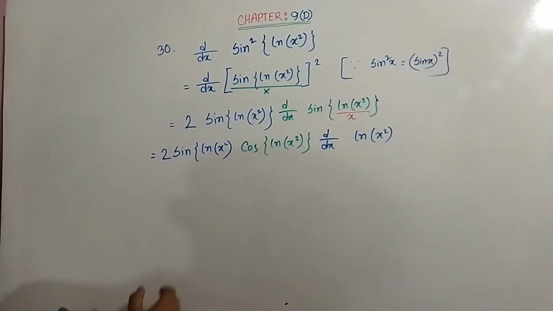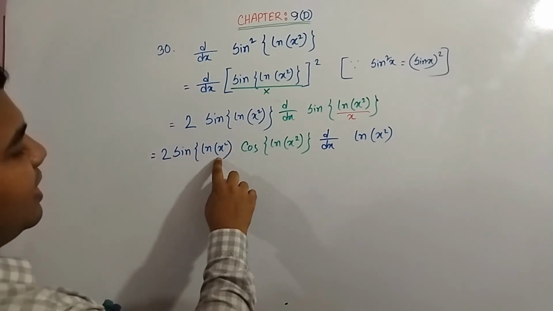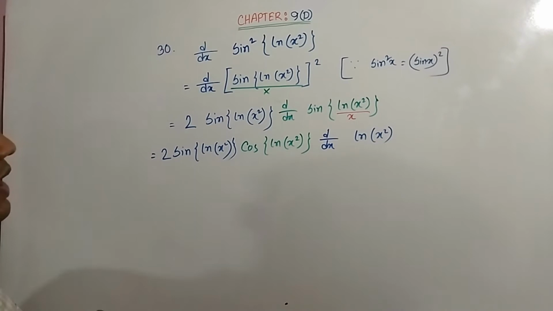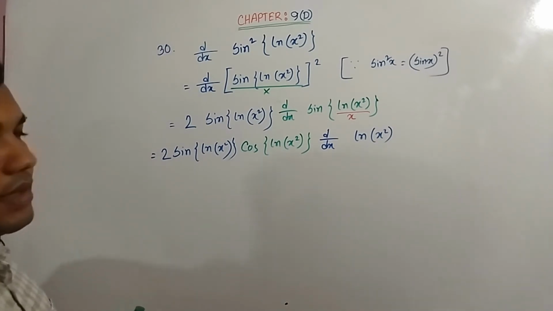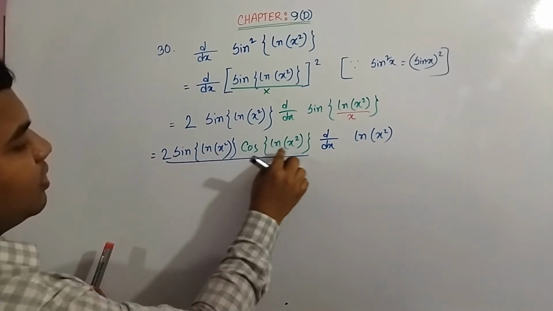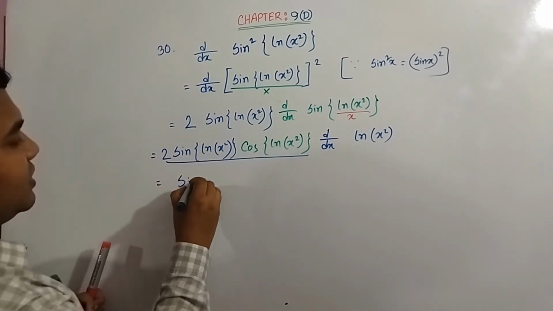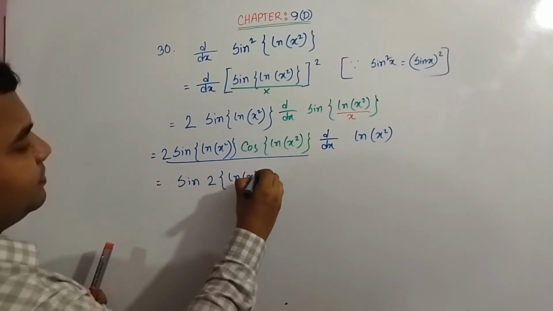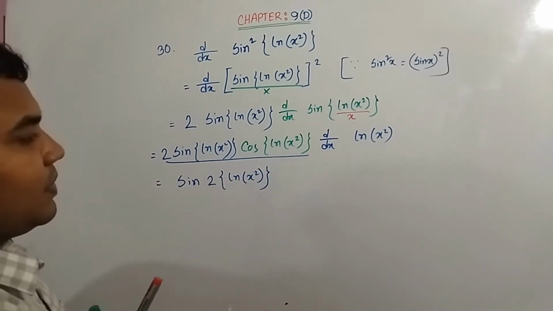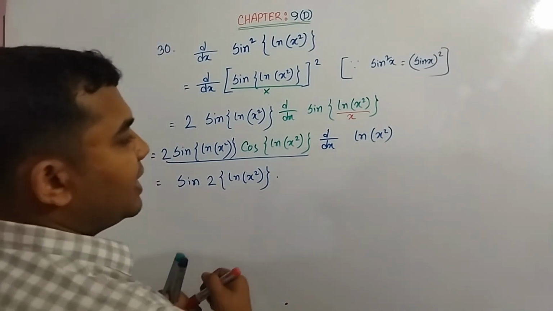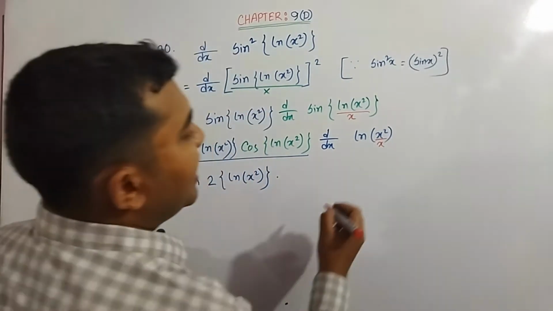Now 2 sin a cos a can be written as sin 2a. And here this x square will be thought of as x.